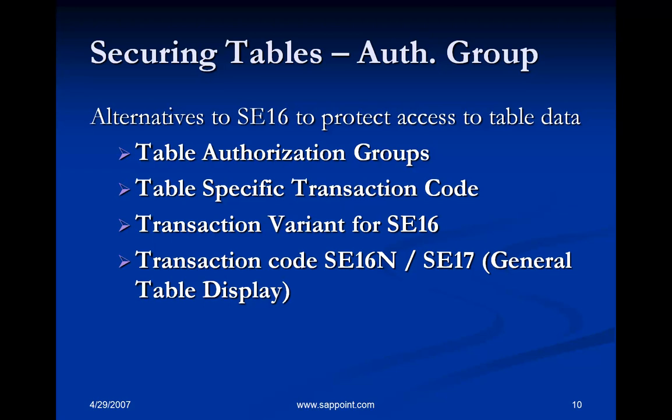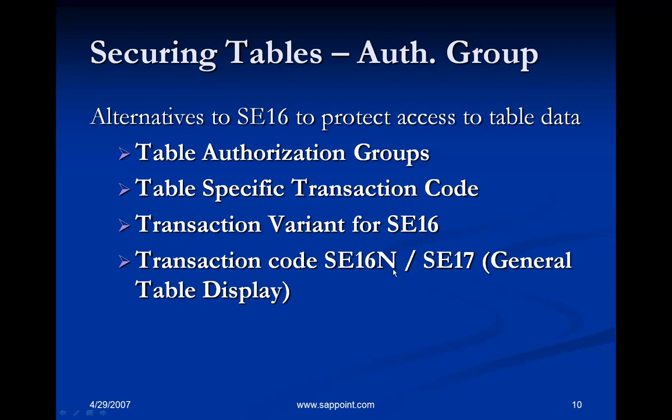Now another option that you have is creating a transaction variant for the transaction SA16. So that is the third option. And another option that you have, instead of assigning SA16, is to assign SA16N or SA17 as an alternative for SA16.